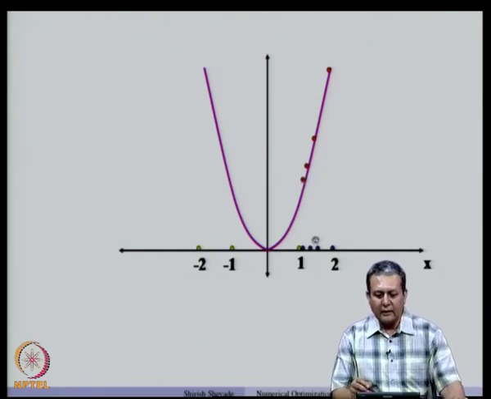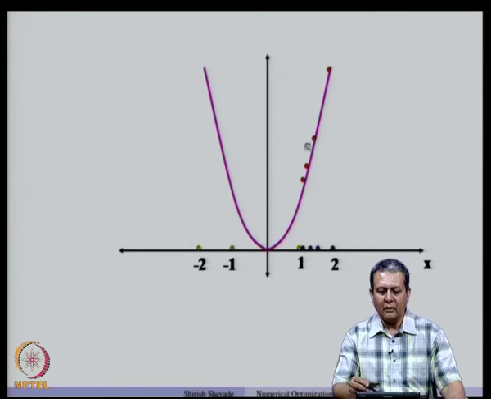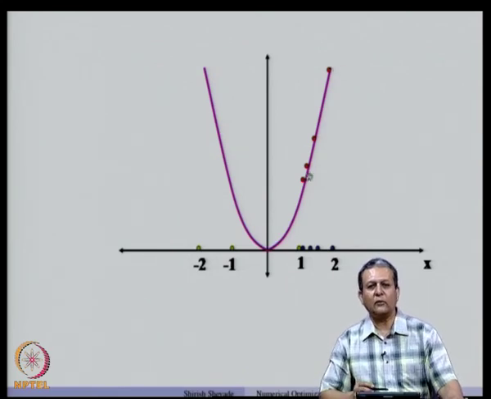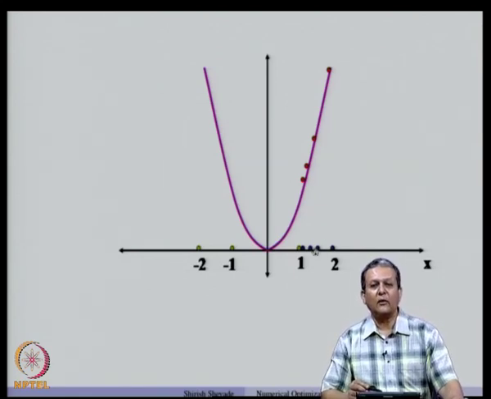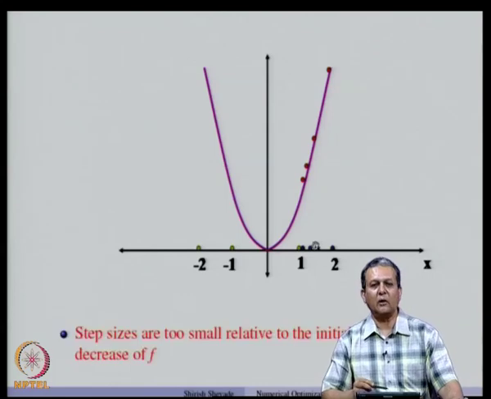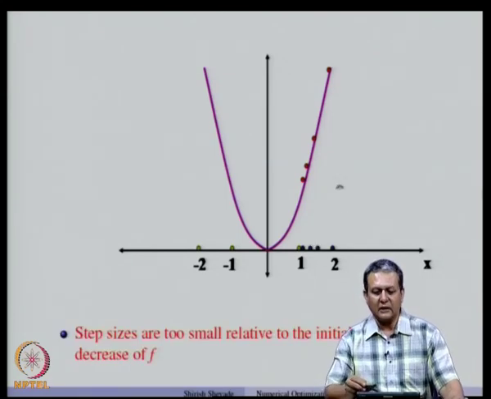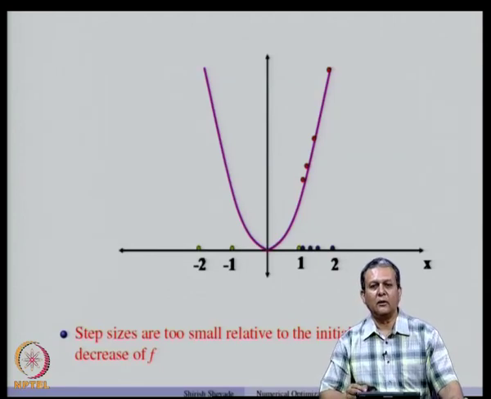You will see that initially the decrease in the function value was quite large, but then the step lengths were turning out to be very small. So, step sizes were too small relative to the initial rate of decrease of the function.